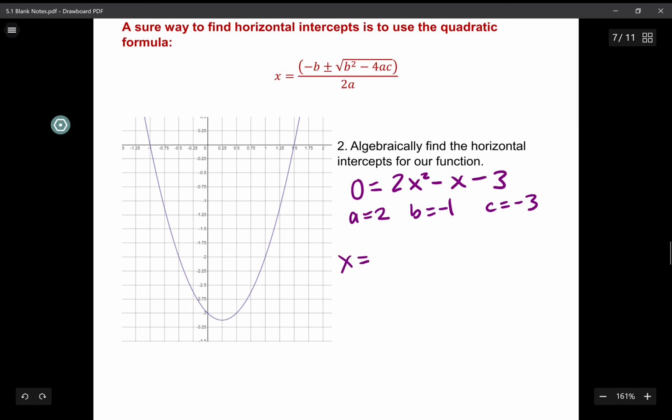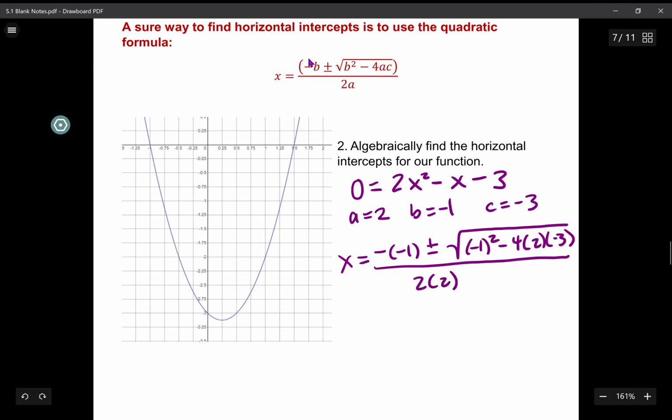x equals -b plus or minus the square root of b squared minus 4ac, all over 2a. All right, we've got to simplify this. Negative -1 is 1, plus or minus the square root of 1 squared, which is 1, minus 4 times 2, which is 8, times -3, which is -24.